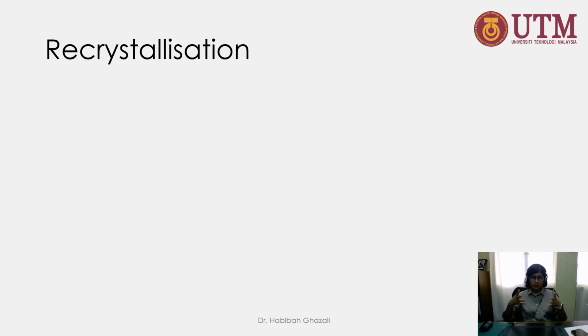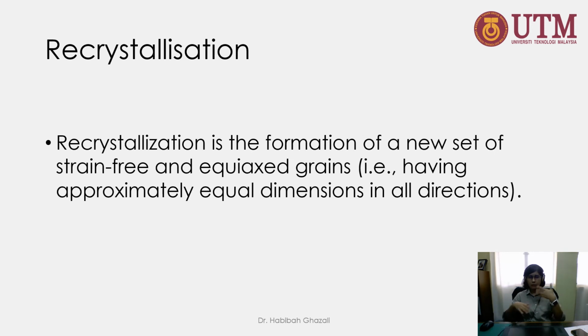And after this recovery process, when we get to the temperature that we want for annealing, and if we hold it for a certain period of time, the recrystallization process will begin. In this process, there will be a formation of a new set of strain-free and equiaxed grains.